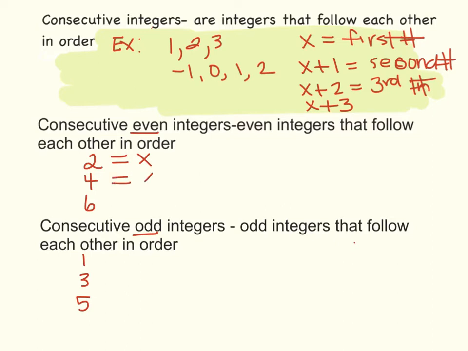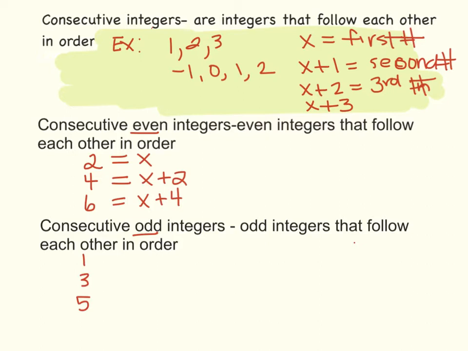And our second number is 2 more than the first integer. And our third number is 4 more than the first integer. So if we do 2 plus 2, we get 4. And then if we do 2 plus 4, we get 6. And it would continue with x plus 6, x plus 8, x plus 10.